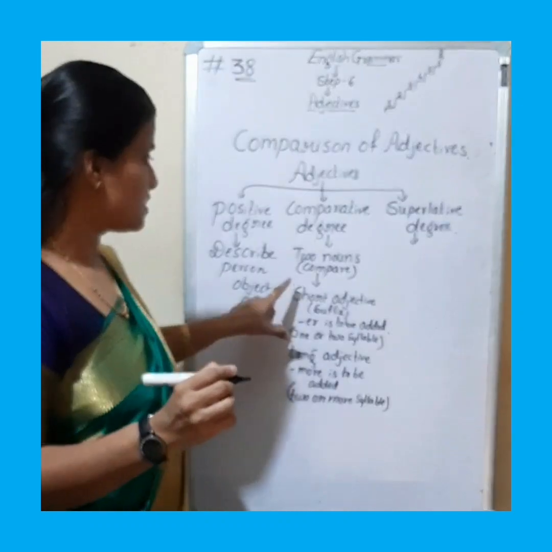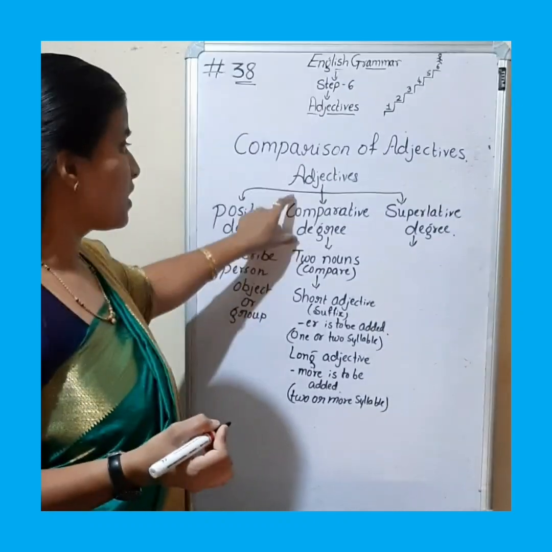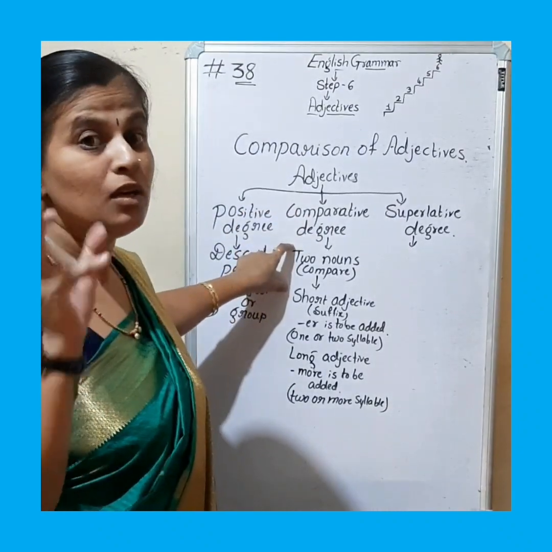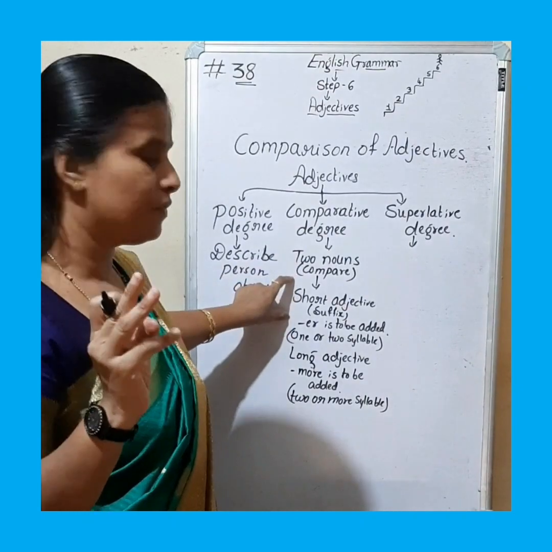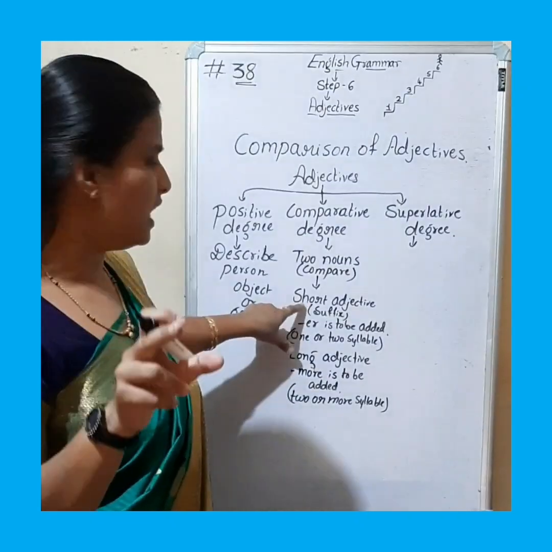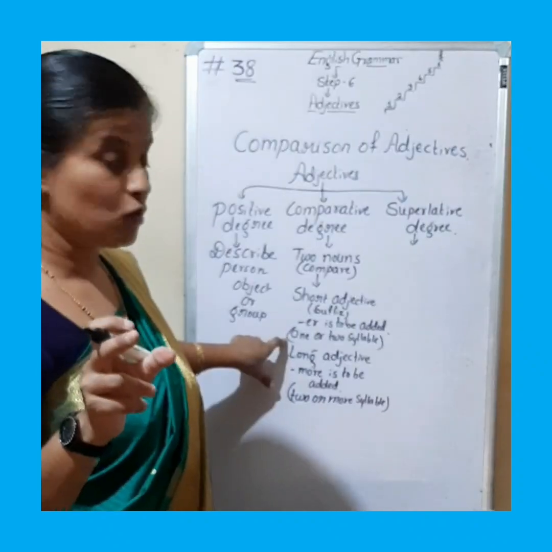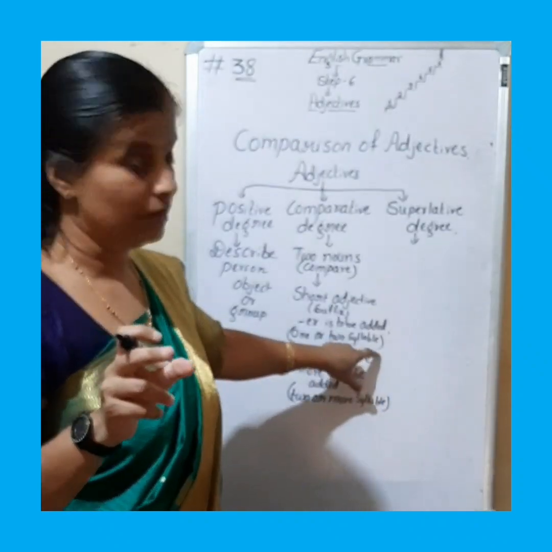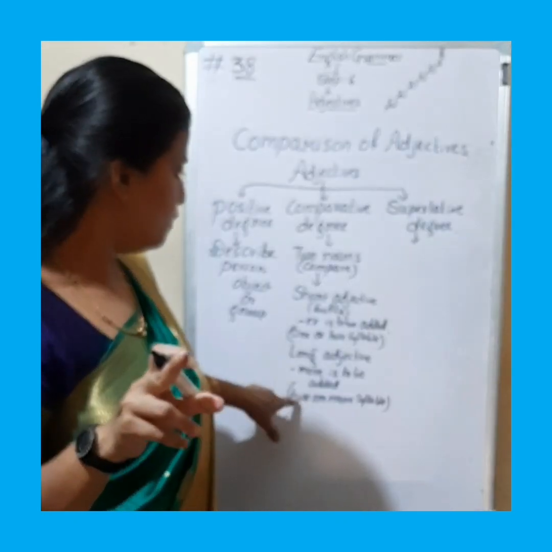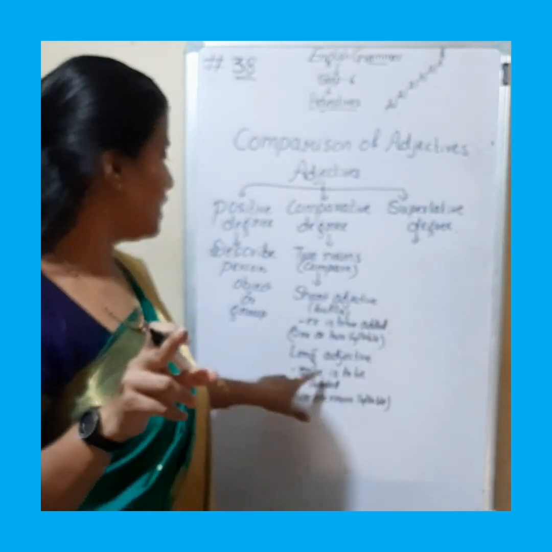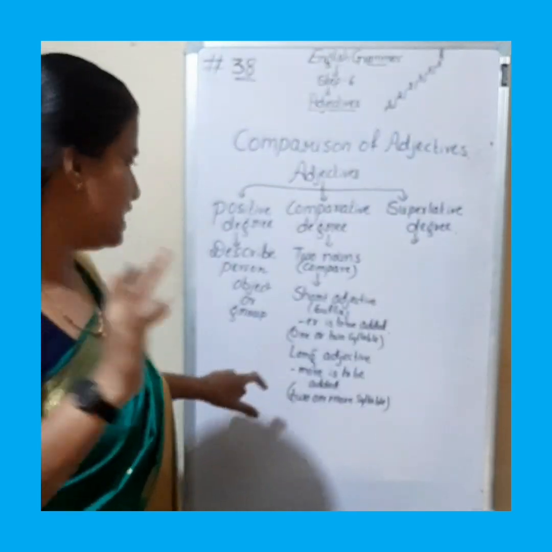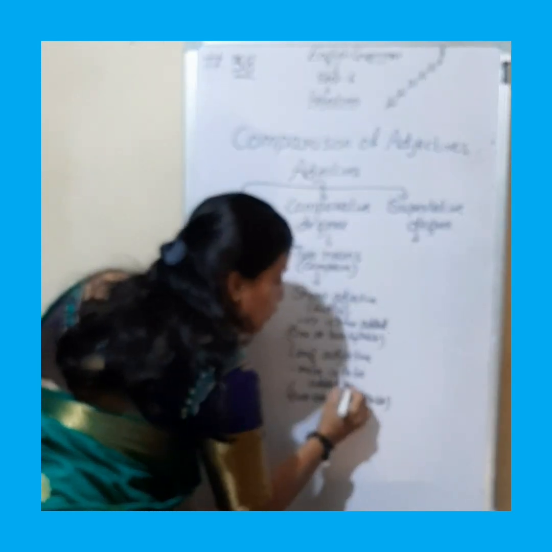Let me just tell you once again. Comparative degree of comparison is used to compare 2 nouns. If the word has a short adjective of 1 or 2 syllables, then suffix er is to be added. In case the adjective is long, with 2 or more syllables, then more is to be added before that adjective.